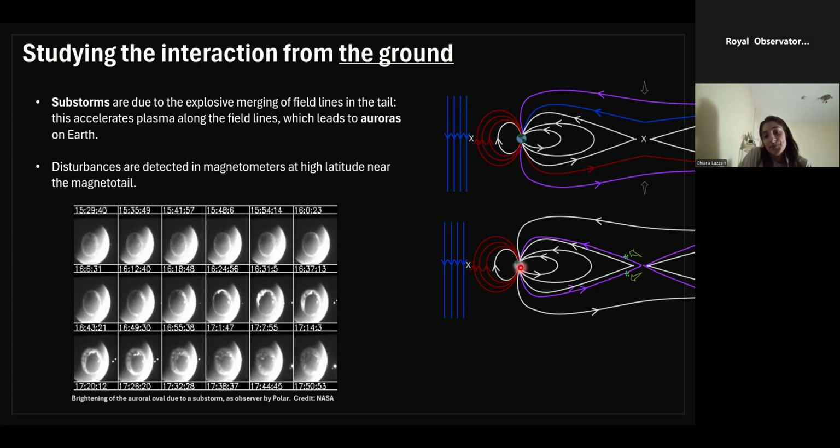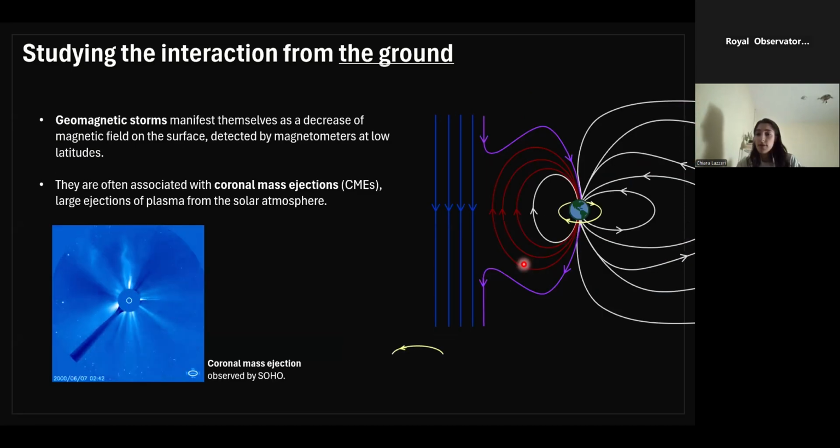Now, substorms are a magnetotail phenomenon, and so the disturbances that we detect in our ground magnetometers will be at high latitudes and will mostly be concentrated at longitudes near the tail. There's then another phenomenon that we can observe with ground magnetometers, and this is geomagnetic storms, which are different from substorms.